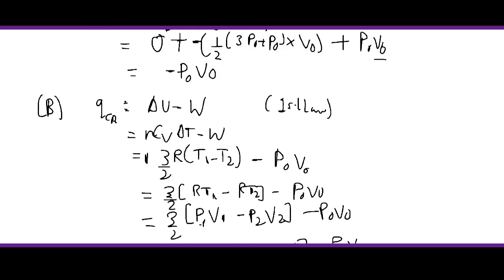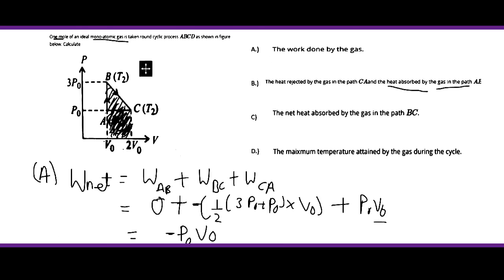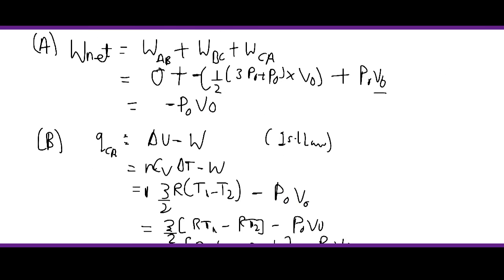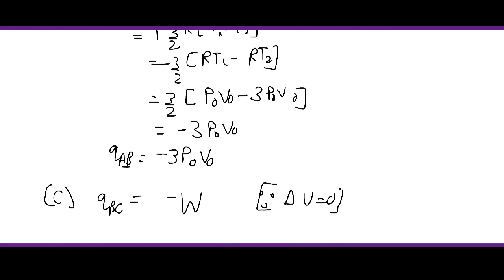Clearly, when you move from B to C, the area under the curve gives you the work done, and we have already calculated the work done in path BC, that is minus 2 P0 V0. So if you put that here, minus minus becomes positive, QBC is 2 P0 V0.